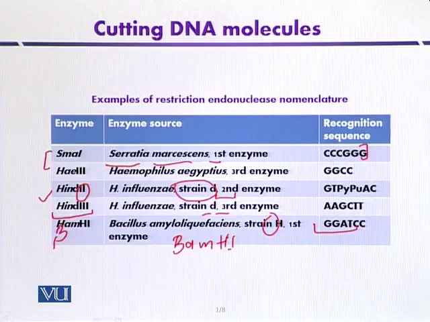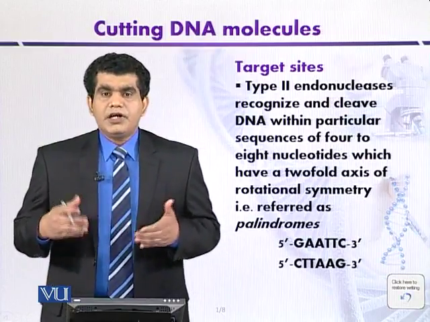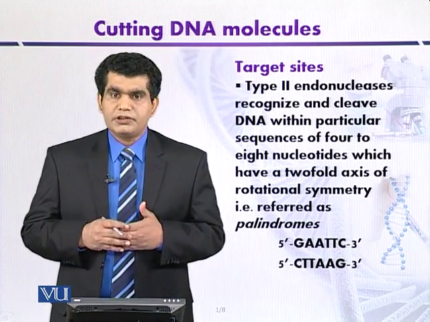Another example is the recognition sequence recognized by HIND 2, represented by GT, then a pyrimidine base, then a purine base, then AC. The enzymes may have different restriction sites, which we are going to discuss in the next chapter.